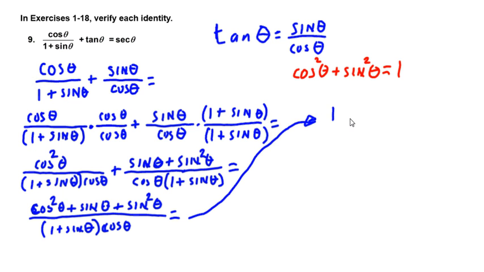So we have 1 plus, and this 1 is replacing cosine squared theta plus sine squared theta. We have left over in the numerator this sine theta, and in the denominator, the quantity 1 plus sine theta times cosine theta.